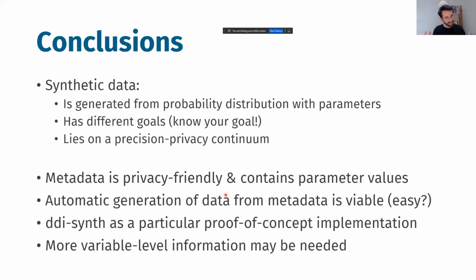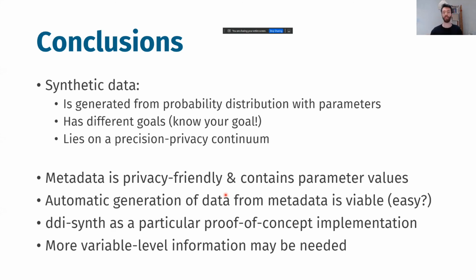Conclusions are: synthetic data is generated from a probability distribution with parameters. It can have different goals, and you should know your goal in order to choose the right probability distribution. And it lies on a precision privacy continuum, and with your goal, you can choose where on that precision privacy continuum you want to be. Metadata is privacy friendly and contains parameter values, generally about variables individually.